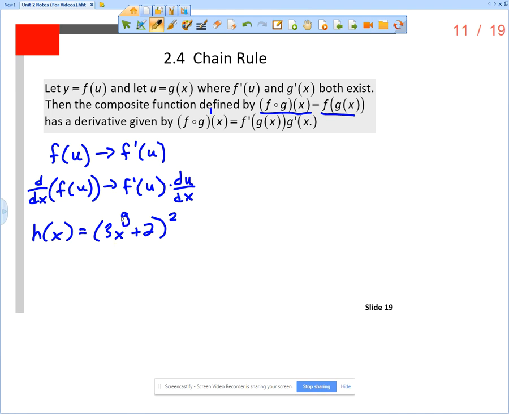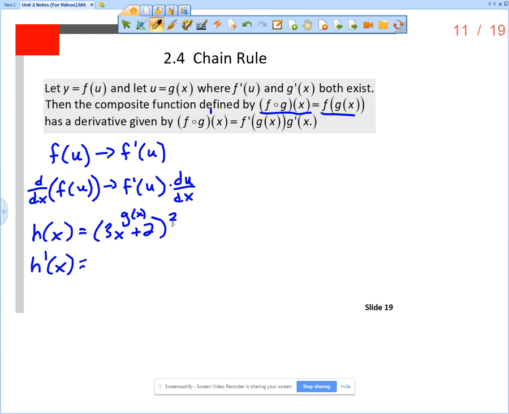So really this is like saying g of x squared. So how do I find h prime of x? Well, if we look at this rule, it says when we have f of g of x, we're going to take f prime of g of x. So g of x stays the same.